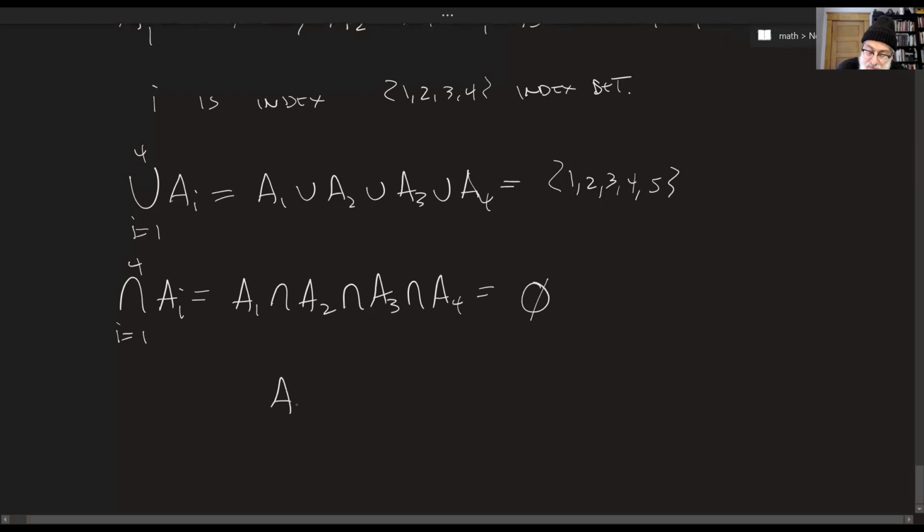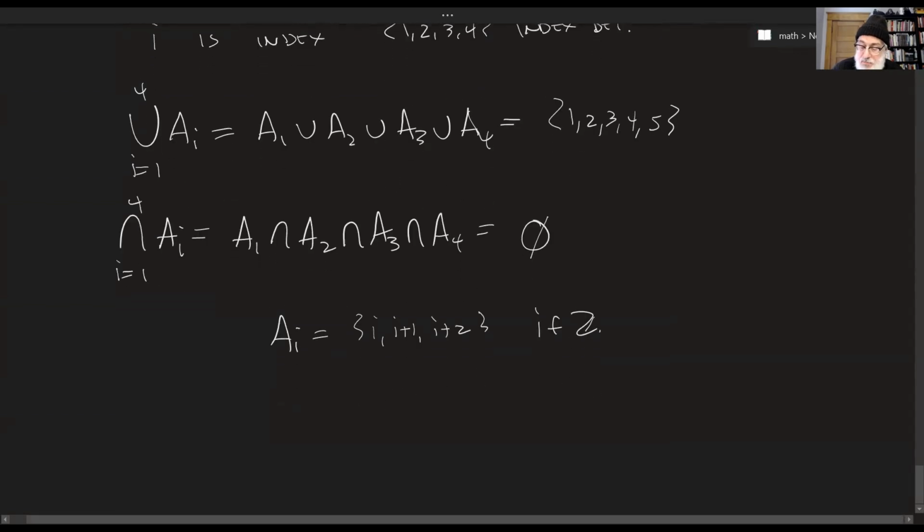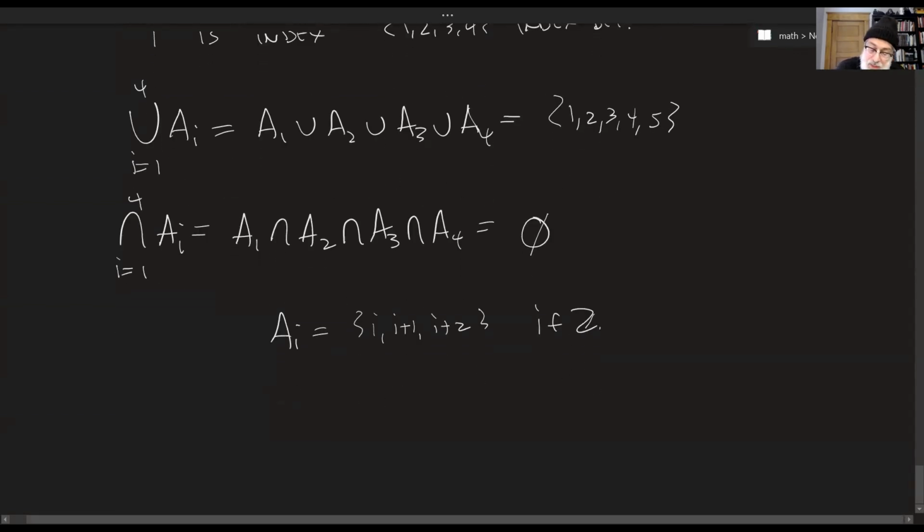If I had A sub I is equal to I plus 1, I plus 2, and then I had I is a member of the integers, I could take the union over I in the integers of A sub I. And we can see that if I did that, that would equal the integers themselves.